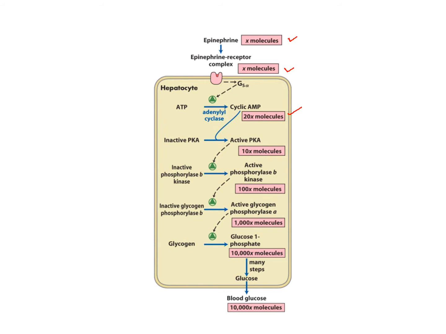And this molecule will activate a series of activations involving different types of enzymes inside the cell. And if you can see here, it goes to 10 times, 100 times, 1000 times, even up to 10,000 times effect, even with one signal molecule. So that means a series of amplifications is involved in the signal transduction.